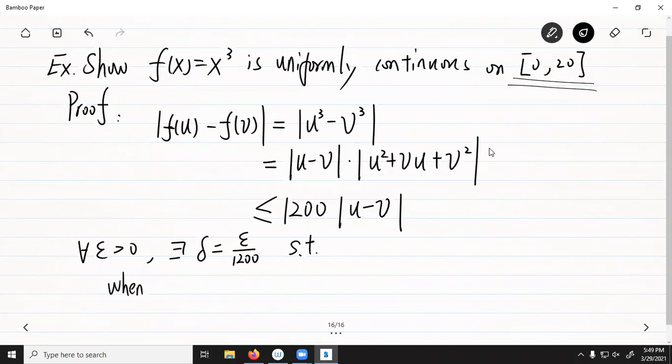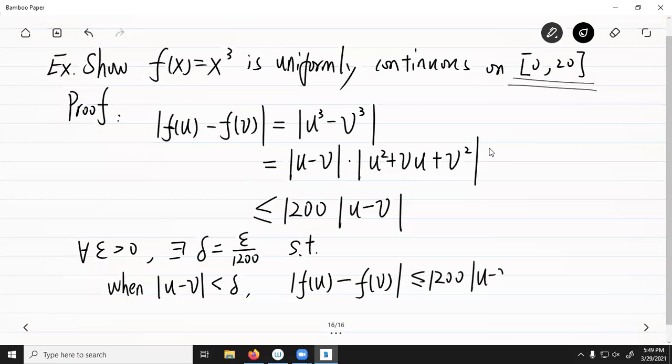So there exists a delta, epsilon over 1,200, such that when the absolute value of u minus v is less than delta, we calculate f of u minus f of v. It's less than 1,200 times the absolute value of u minus v, which is less than delta. So it's less than 1,200 times epsilon over 1,200, which is equal to epsilon.